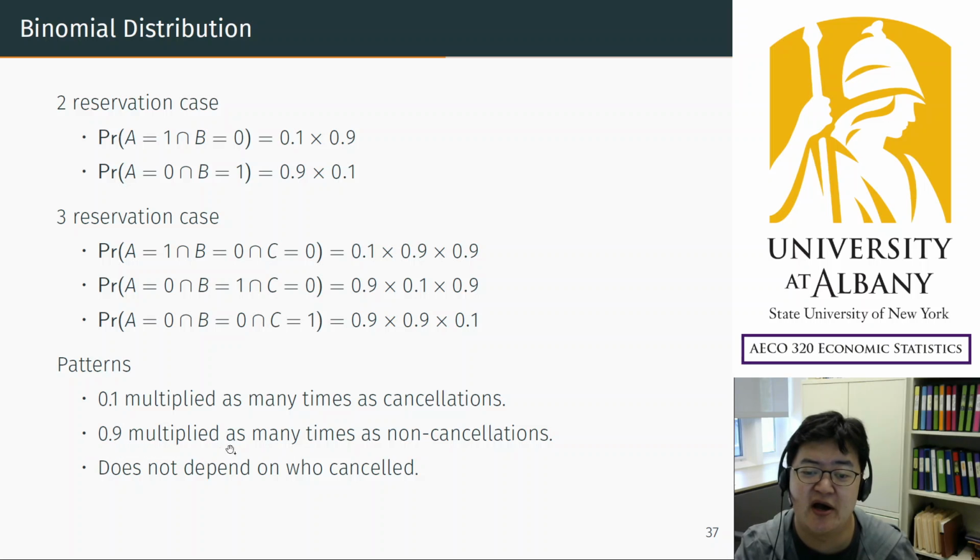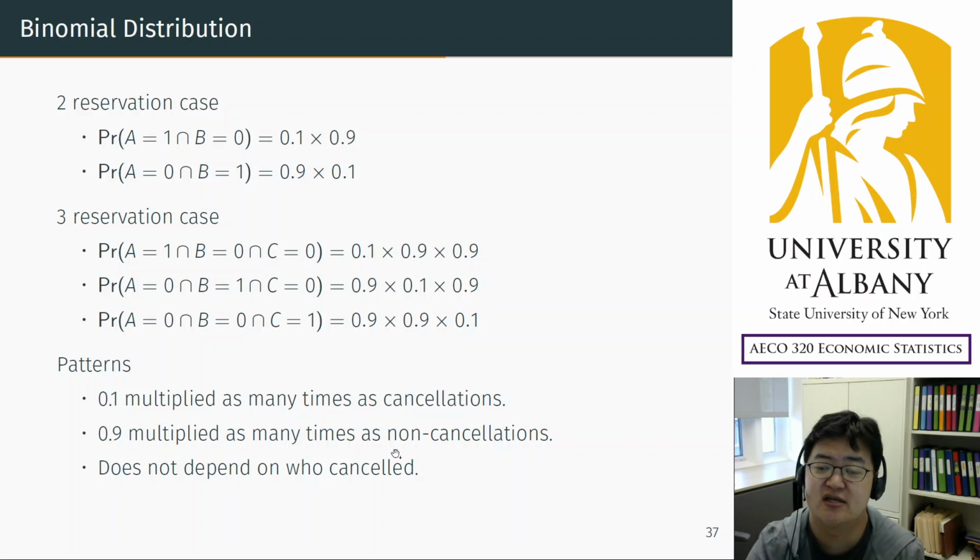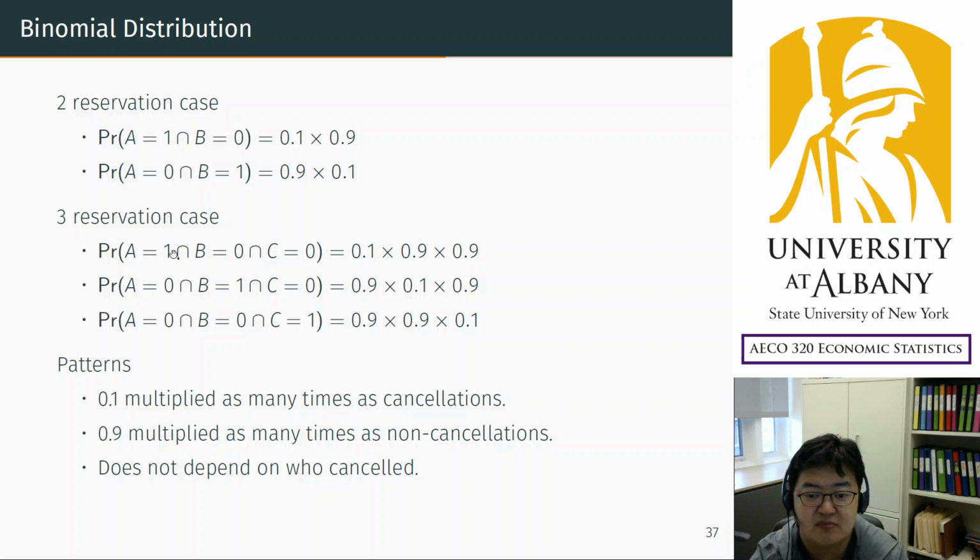So it is multiplied as many times as non-cancellations. So simply, success is replaced by success probability, and failure is replaced by failure probability, and then multiplied. And it doesn't care whether it is A or B or C, all the same.